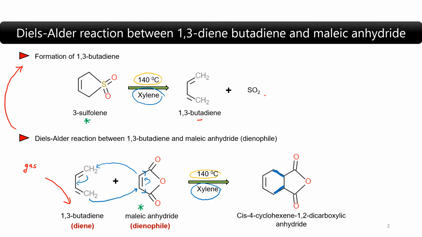That's why we are using this specific solvent, xylene, which has a high boiling point. So we know for sure that it's not going to evaporate while we perform this experiment.